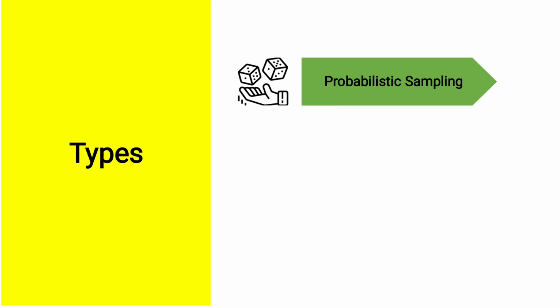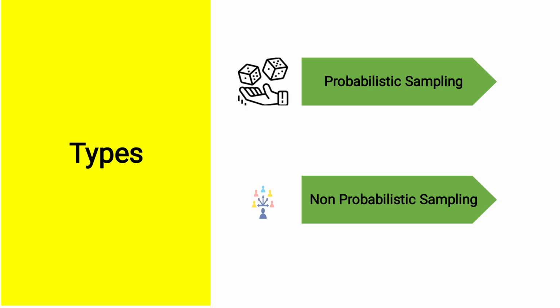When you choose the sample, you give equal chance to every individual or every unit in your population. So there you can minimize the bias while you are selecting the subgroup or sample from the entire population.